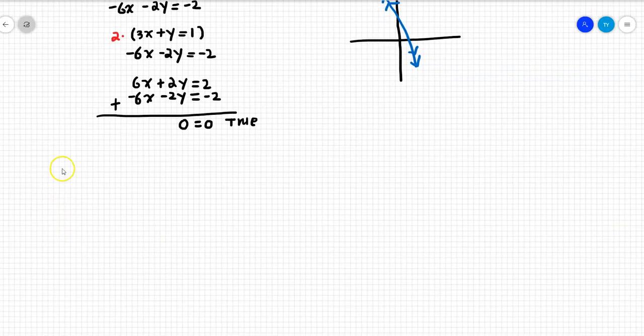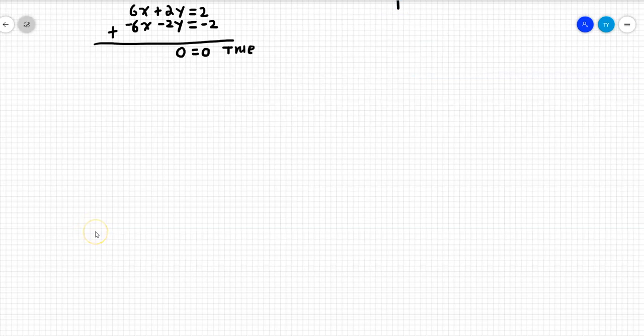Alright, using this idea, now we're going to attack the word problems. I'm just going to give you some idea. We are going to look at the mixing problems here. There are some number problems, but they are too easy, so I'm not going to do them.